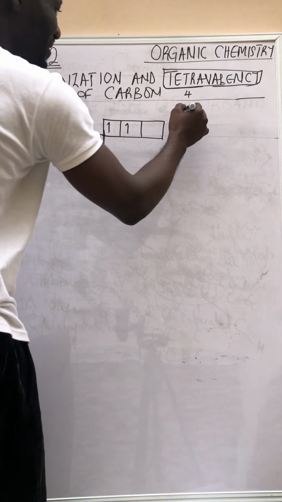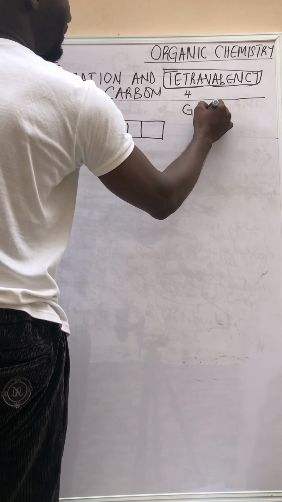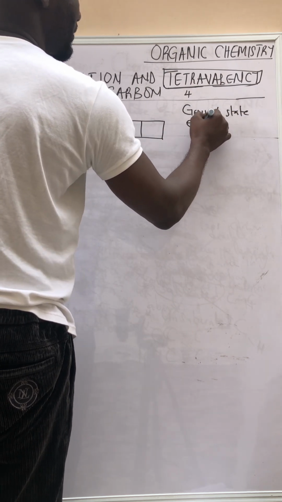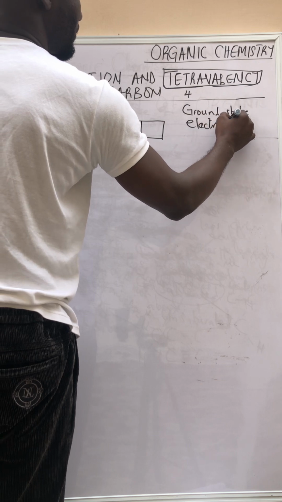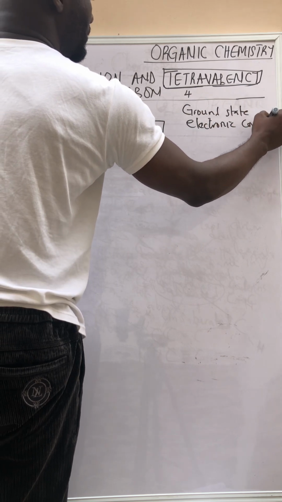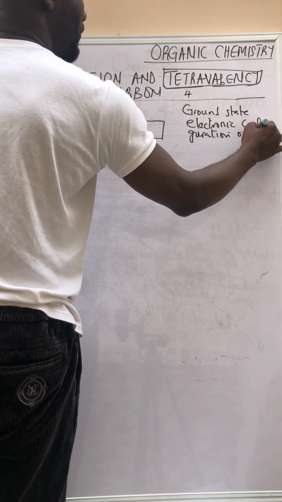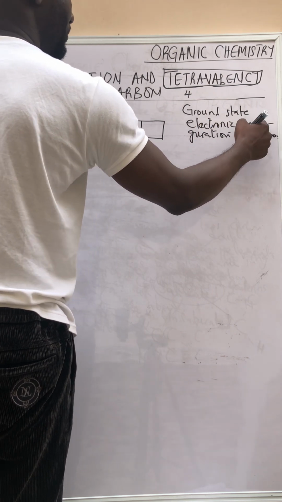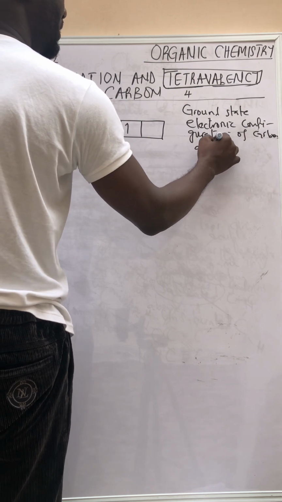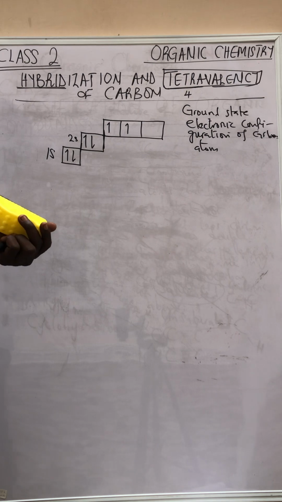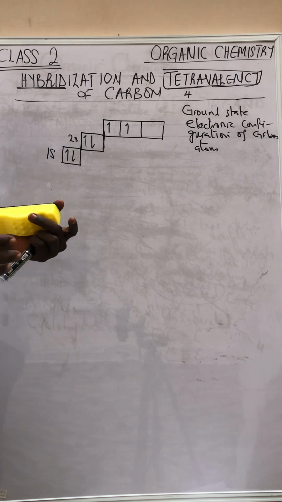This is the ground state electronic configuration of carbon atom.